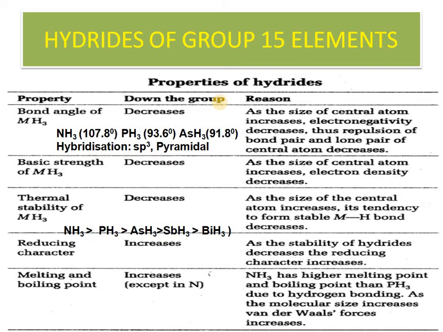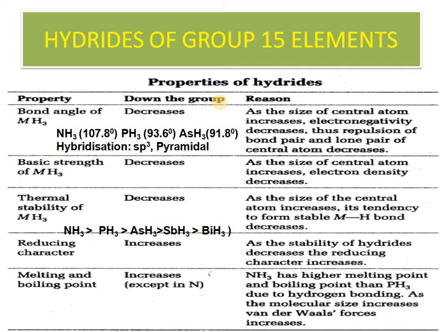Mass means charge here. Charge density we are talking of, not simple density. Charge divided by volume. Volume is small, charge is the same, so electron density would be more in the case of ammonia. Therefore the basic strength would be more and the proton accepting tendency will be more.